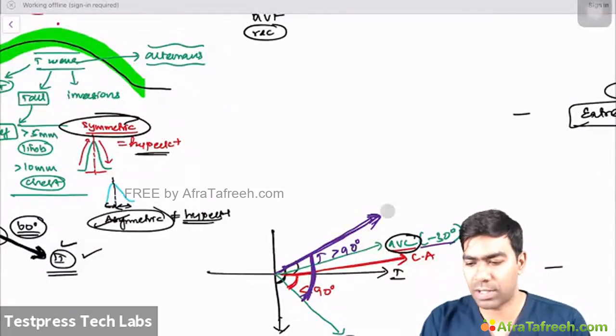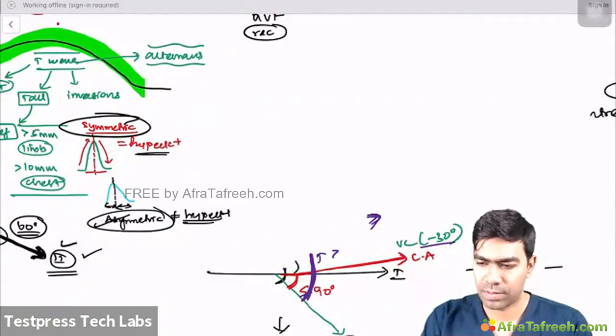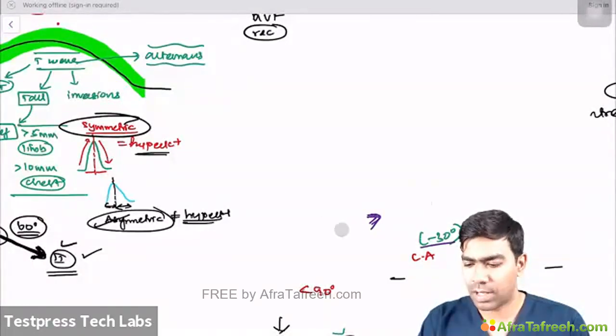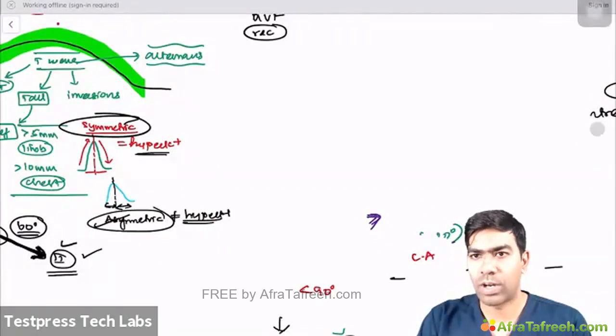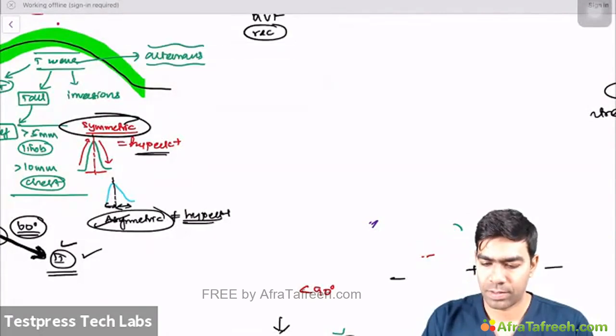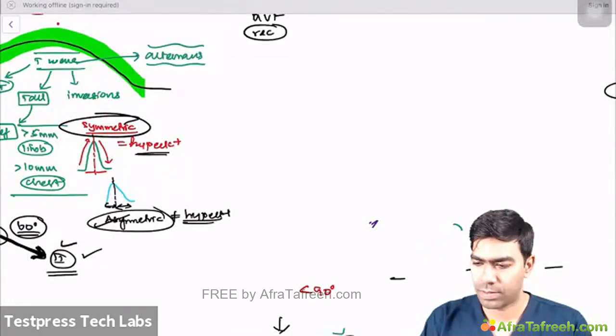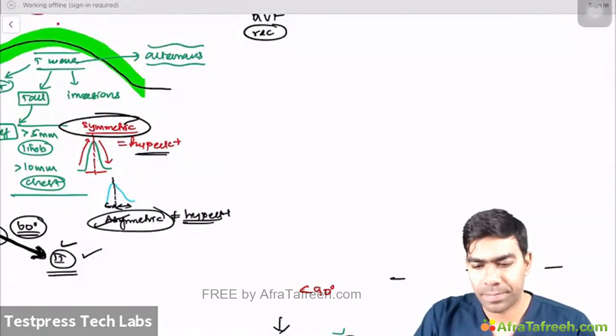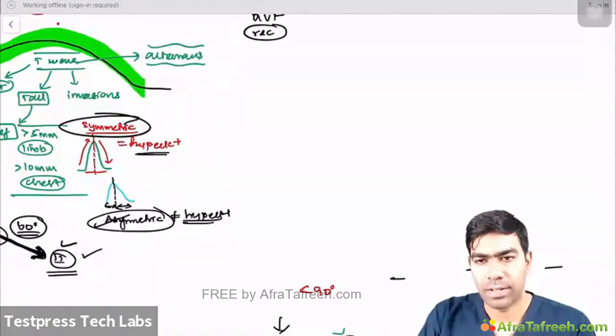From morning, we have been discussing one condition which can produce tall T waves. Yeah, hyperacute stage of a STEMI. All right, correct. Then what else? Yes.